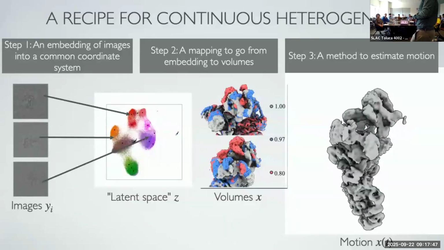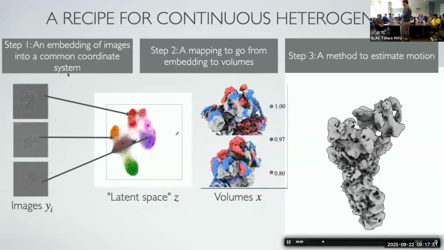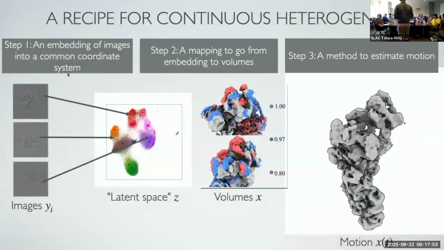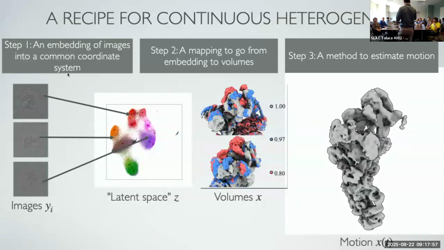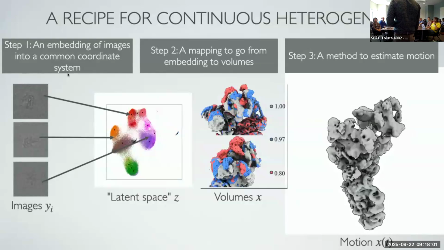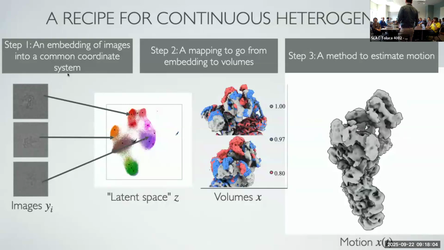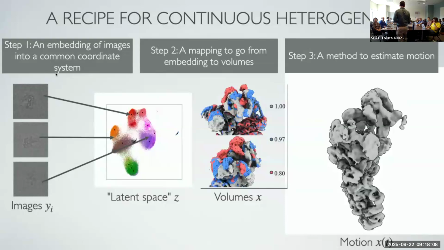The first step is to embed the data set of images into a single coordinate system that we typically call latent space. That's maybe a 2-dimensional or, say, 10 or 20-dimensional space. The idea is that two images from the data set should be mapped to close points in latent space if and only if they contain a similar conformation.